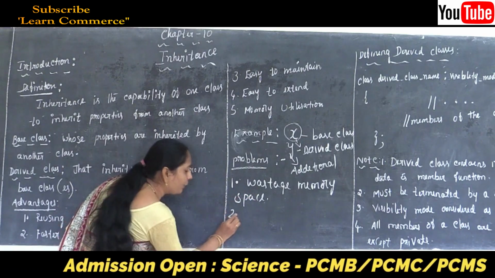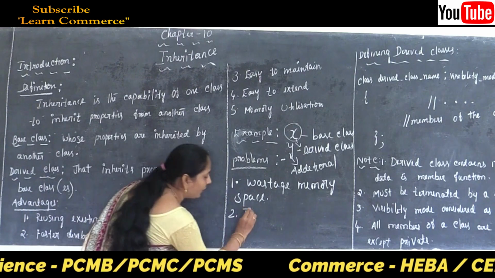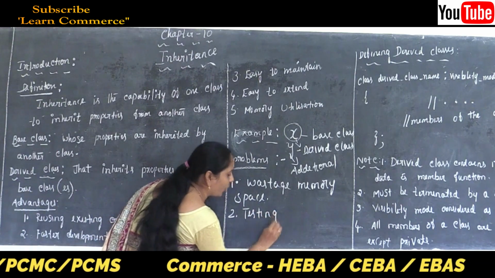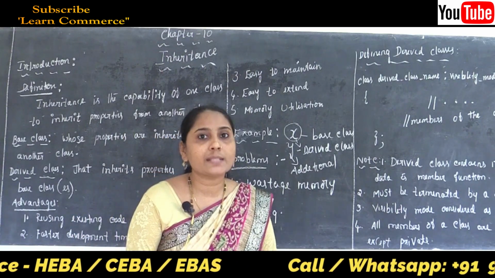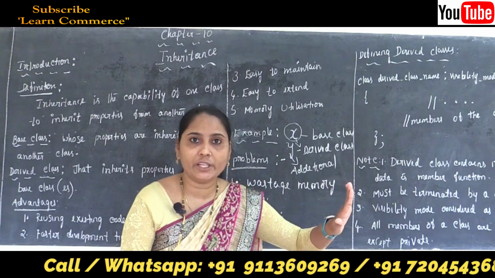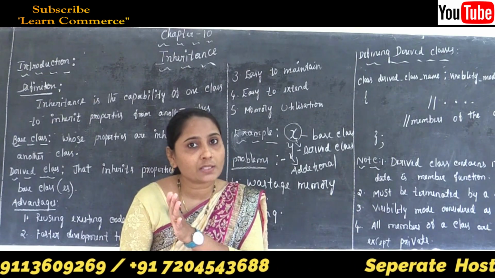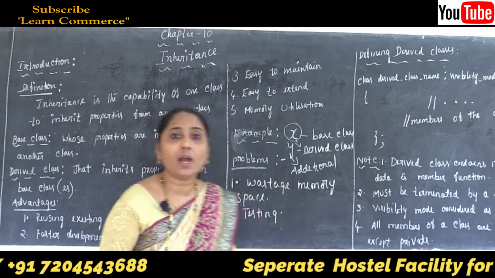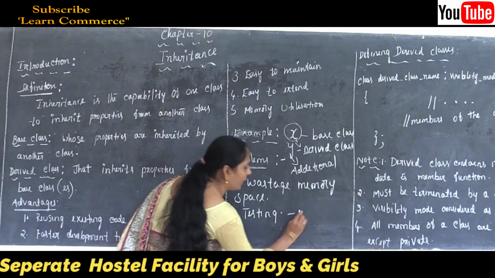And the second problem is that the testing has to be done separately. That means we need to test class X as well as class Y separately, everything separately. At that time, it leads to unnecessary wastage of time.